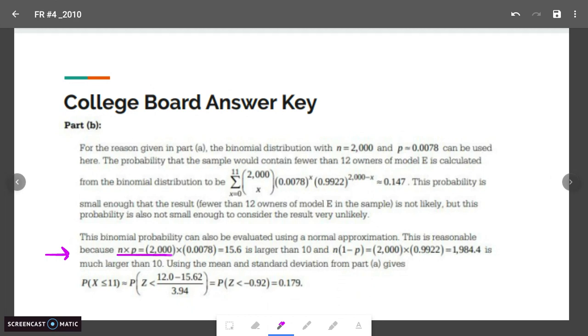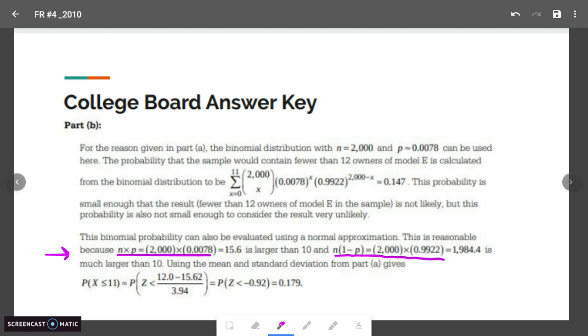Remember, we still want to check np: 15.6 is greater than or equal to 10. Then we check the failure. This is the success-failure condition, or the large enough condition.